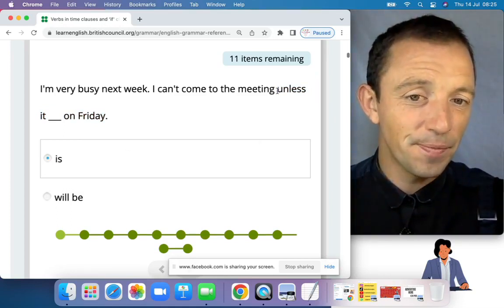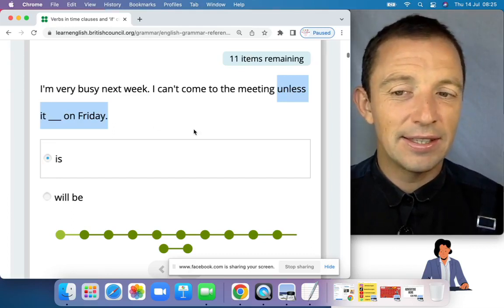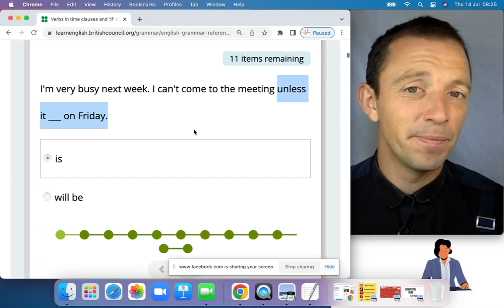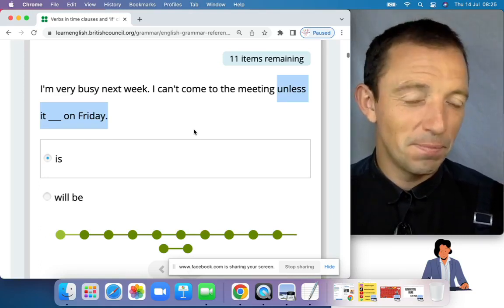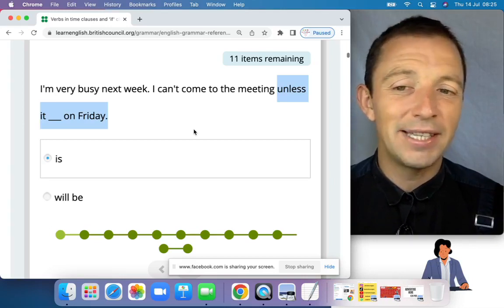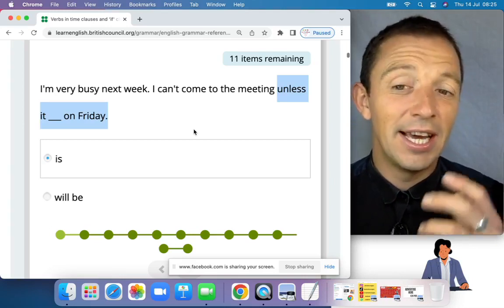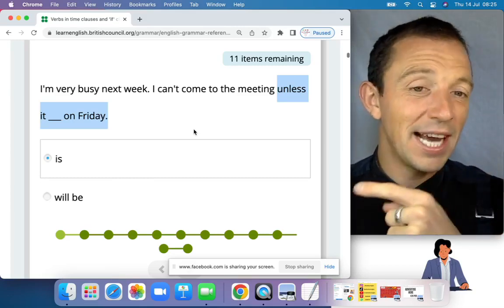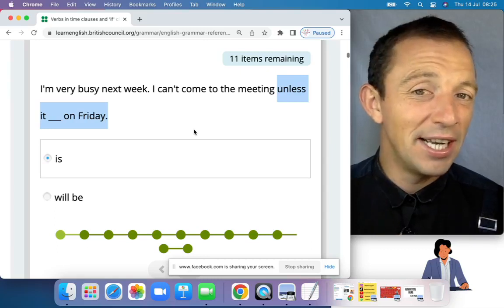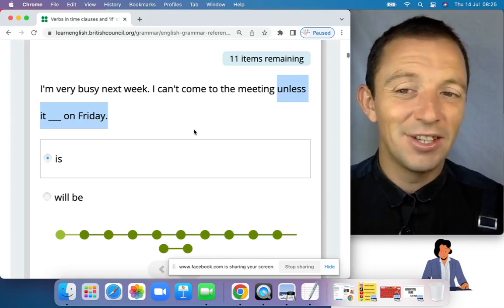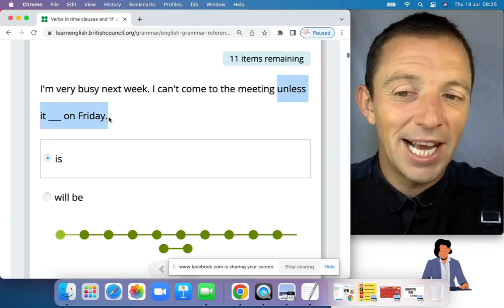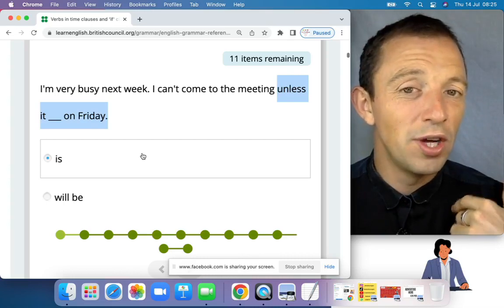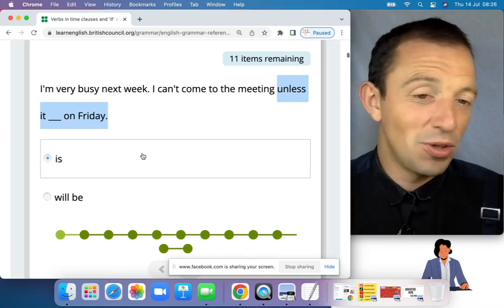It's the conditional clause and we are using the present tense, but we are expressing the future. Okay, so I cannot come to the meeting unless it is on Friday. In English every day spoken, the second option is possible, and nobody really notices a difference. So it is possible: I can't come to the meeting unless it will be on Friday, and that's very, very normal. I know native English speakers who will use this, so don't worry too much about this.